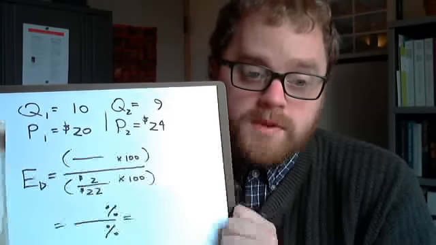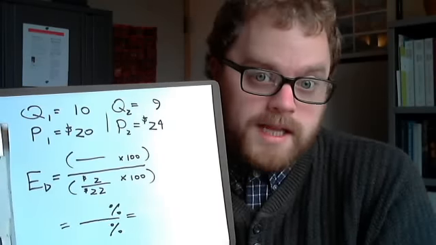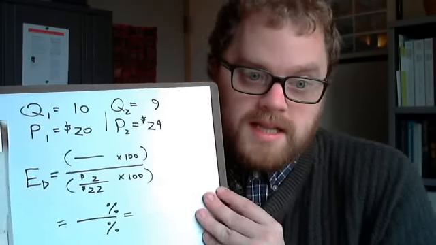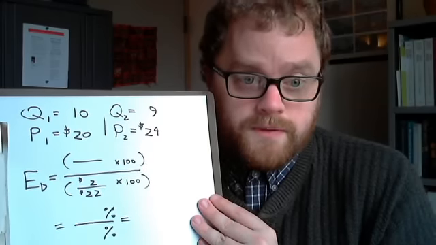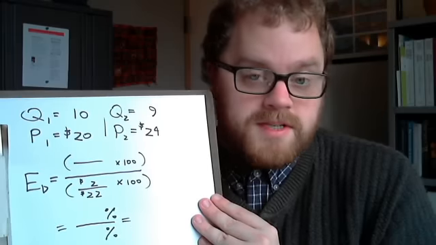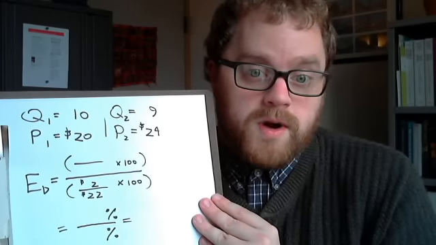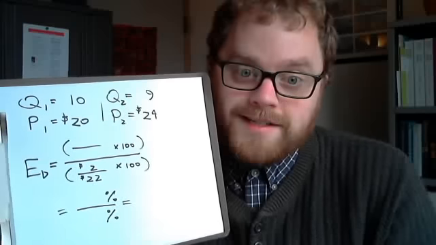So we've got a before and after price and quantity, and that's all you need to do an elasticity calculation. So we're going to take the difference between these values, divide by their average, convert to percentages, and we'll do that for quantity and price, and then just divide the two, and we'll get our elasticity value.